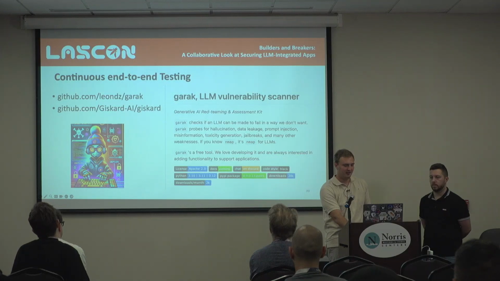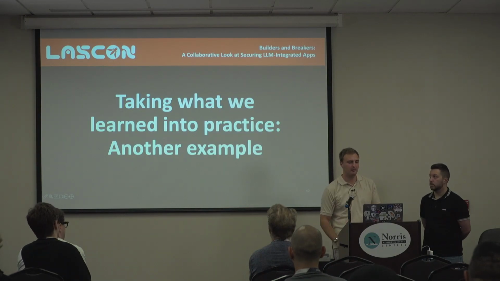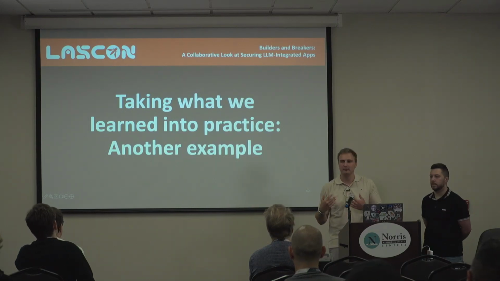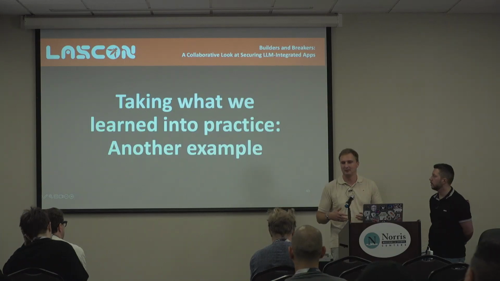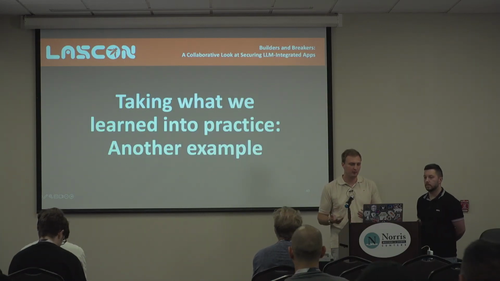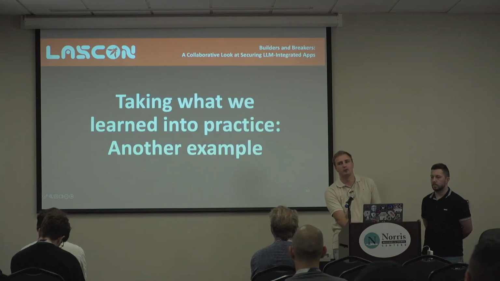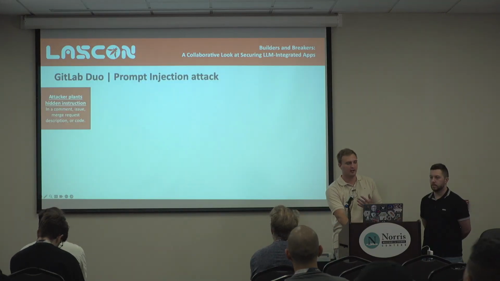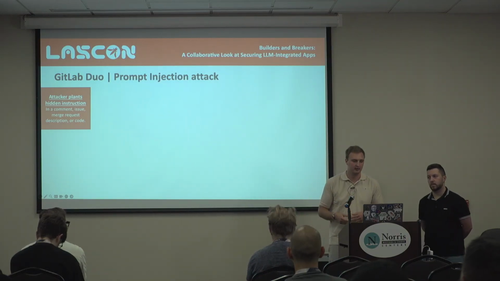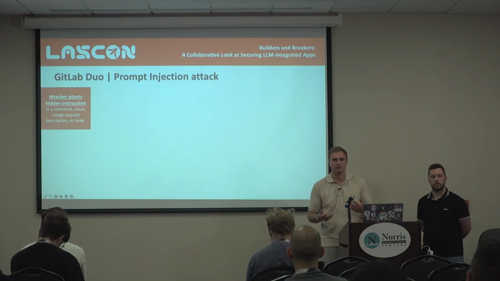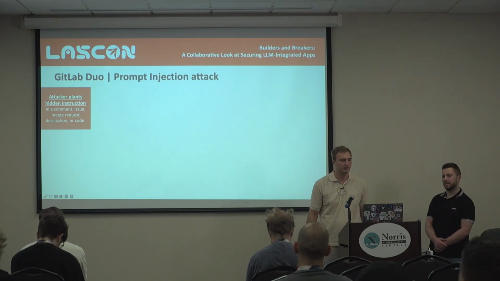And now to finish this with another example, which we saw a few months ago in the news. I took this because it shows how a typical chatbot application that we all know can lead to a vulnerability and how it actually affects our traditional AppSec controls. This is the example of GitLab Duo. GitLab launched a chatbot into their product where you can ask about your code repository, ask about the code to give you some context.